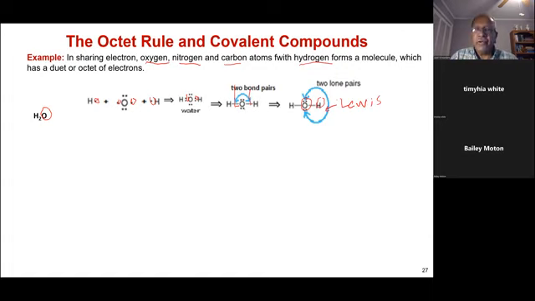We normally draw Lewis structures for covalent compounds, molecules. Same idea when you have nitrogen with hydrogen. It forms ammonia, NH3.